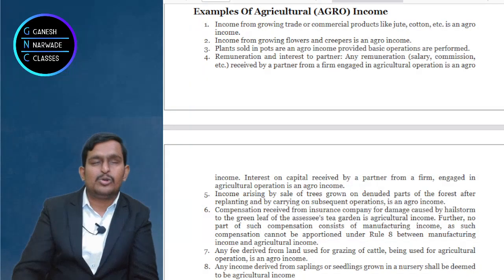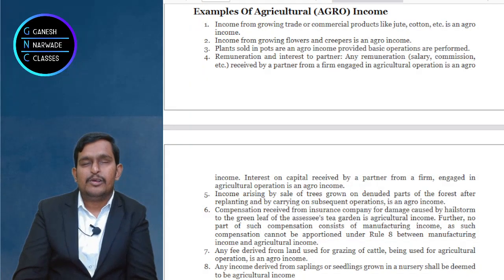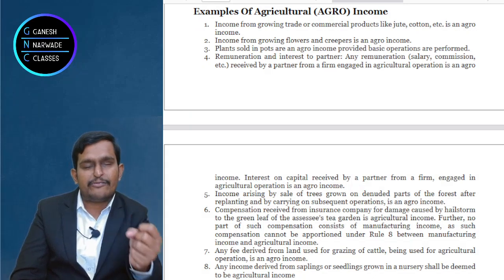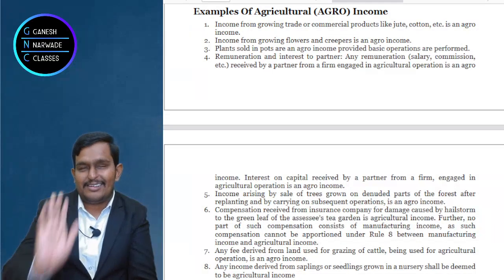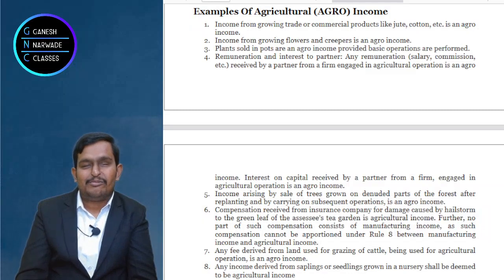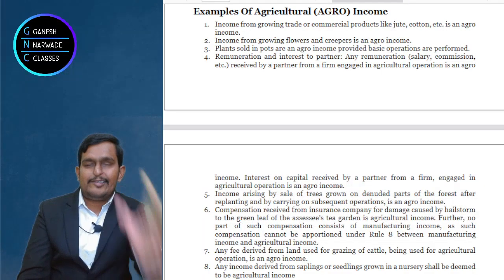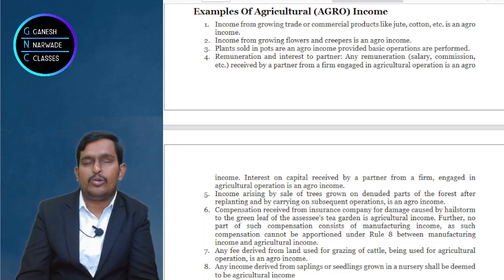So if you have to do tax planning, what will you do? You take separate insurance for the farm and separate insurance for manufacturing loss. Safe side, correct? Many people do this tax planning. I'll teach you tax planning also wherever required, don't worry.